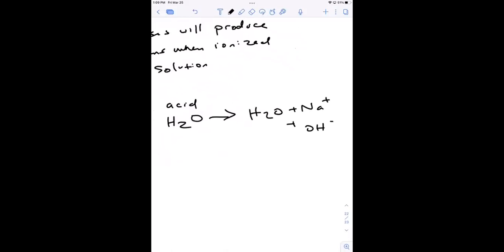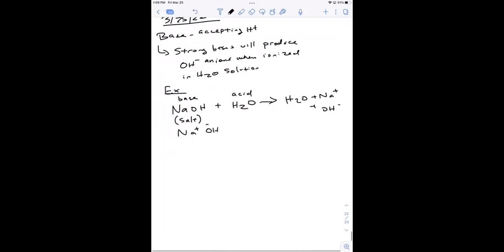So all of your hydroxide salts are strong bases.